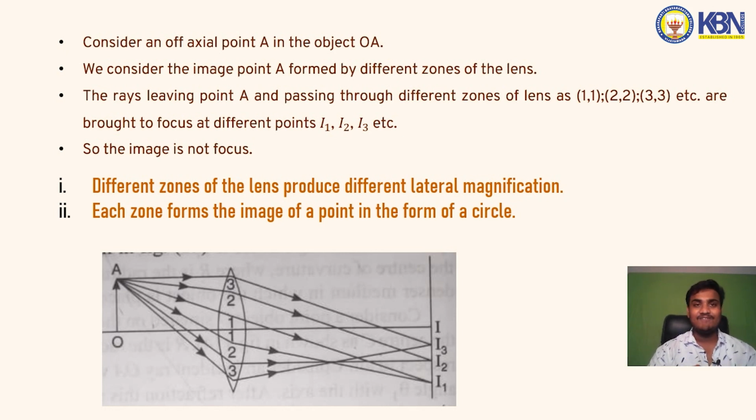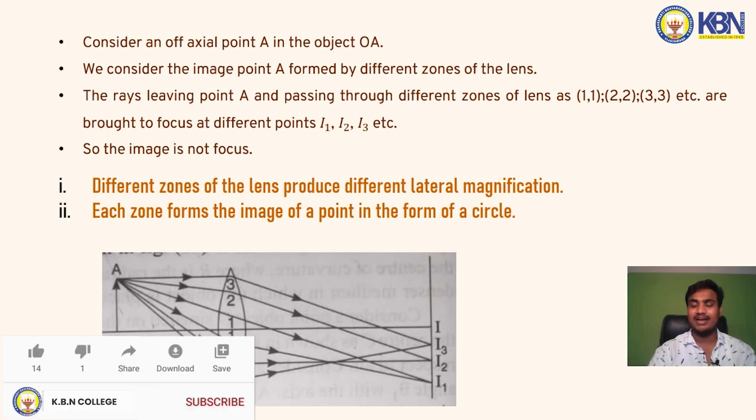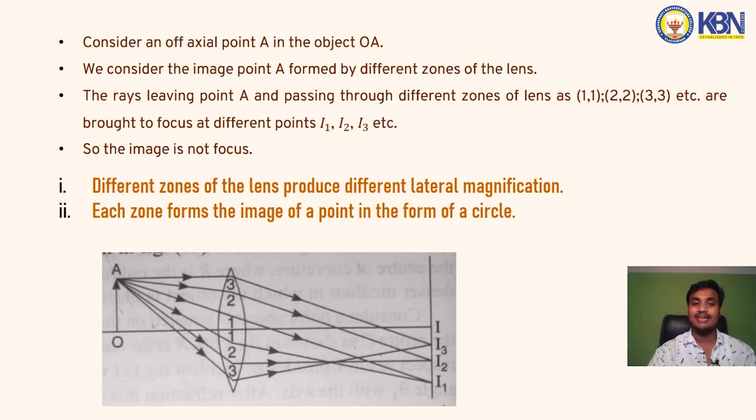The main reason for the arrival of coma is that different zones of the lens produce different lateral magnification. The other reason is that each zone forms the image of a point in the form of a circle.